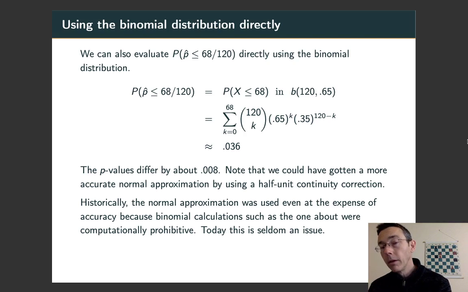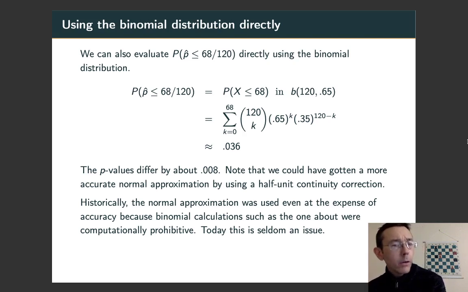So the middle line there is just specifically applying the PMF for the binomial distribution. And I did that using technology. For this one, I used R, but you can also do it directly in Wolfram Alpha. And I got 0.036. So we still would have rejected the null hypothesis using this p-value.